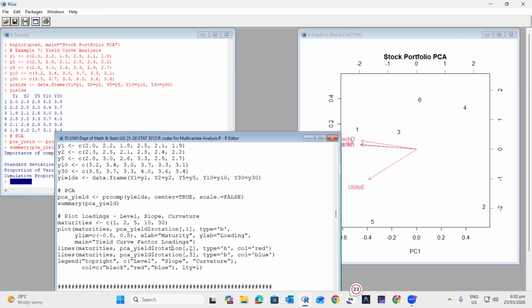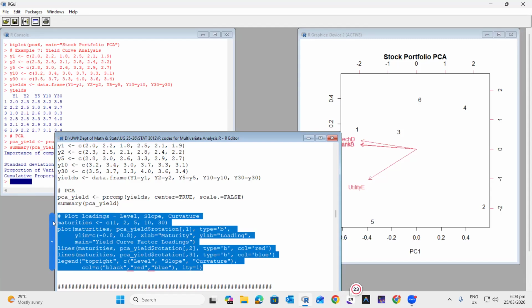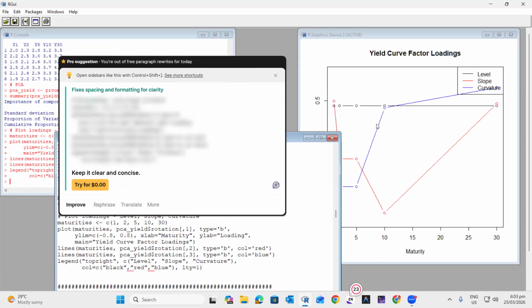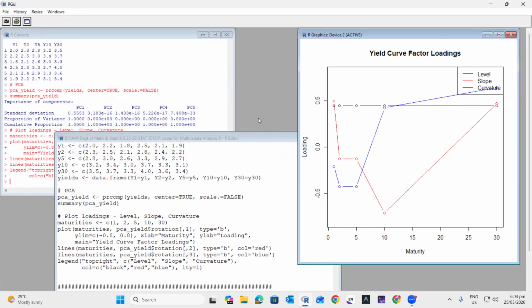Here we are going to have the level, in the second one we have the slope, and the third one will be the curvature. We are going to differentiate all three with black, red and blue respectively. We are going to plot this. So this is the plot that we got here of the level, slope and curvature.